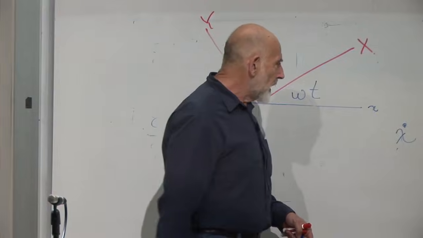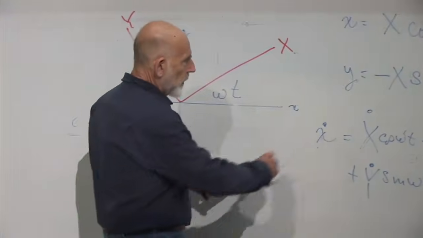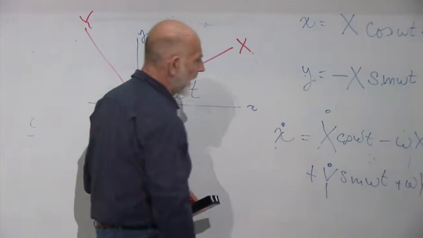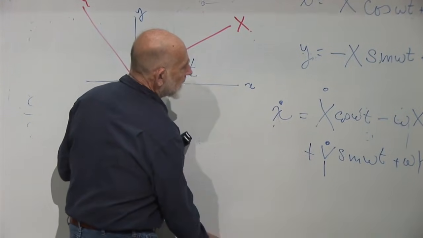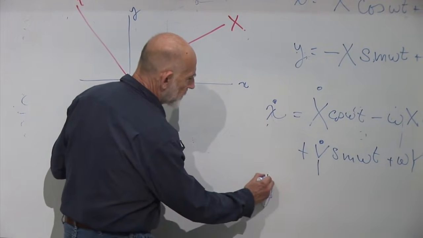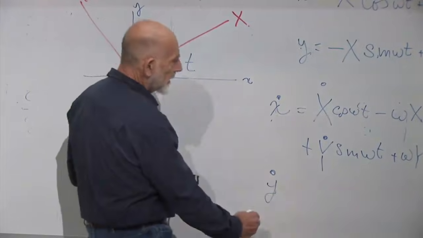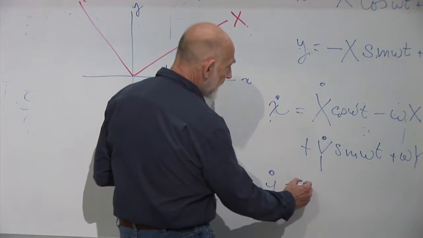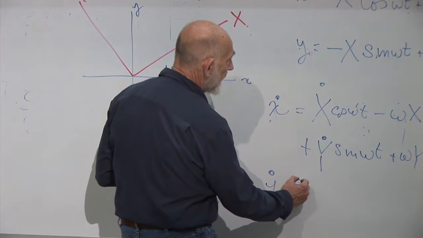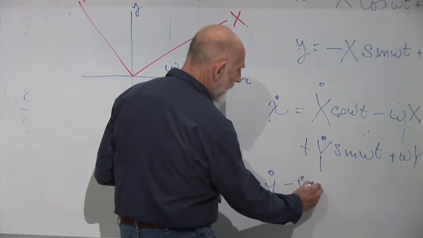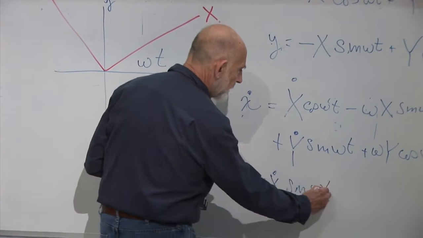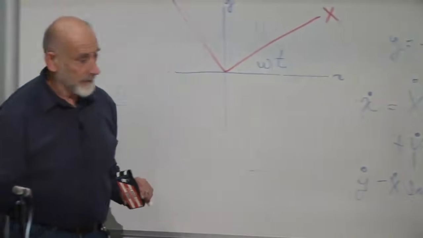For example, there's going to be another term in y dot. I'm just going to write one term. Y dot is going to have minus X dot sine omega t, plus all sorts of other stuff.